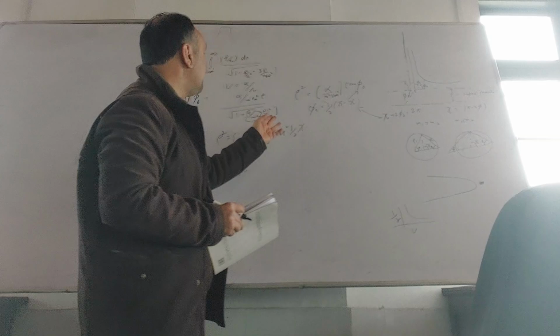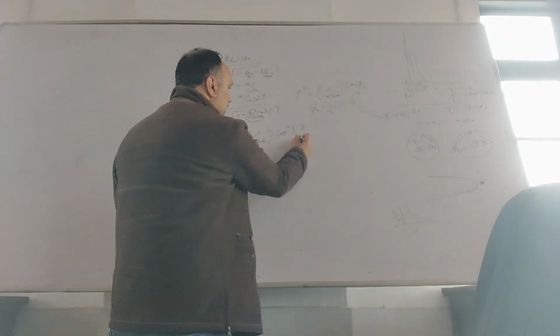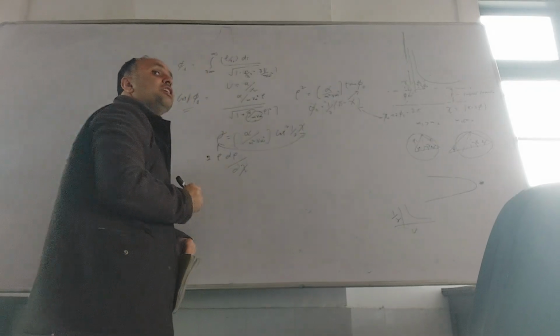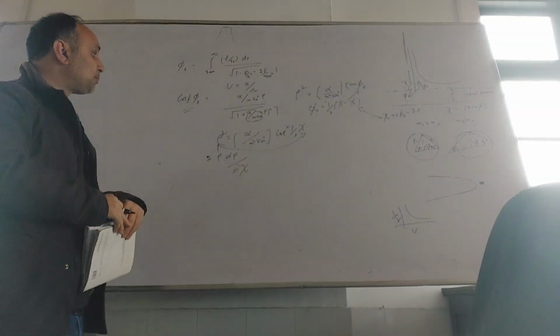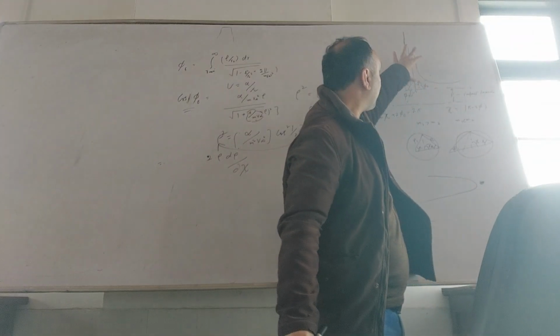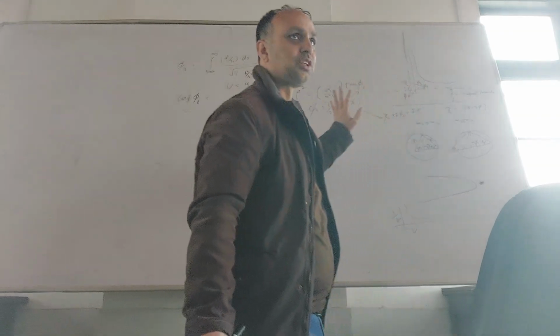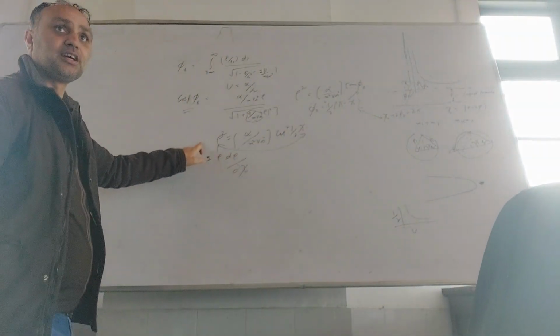So there is a relationship between rho and chi, as you can see. The particle is coming from there. If chi increases or decreases, this goes up or down, so you can see it from this relation.